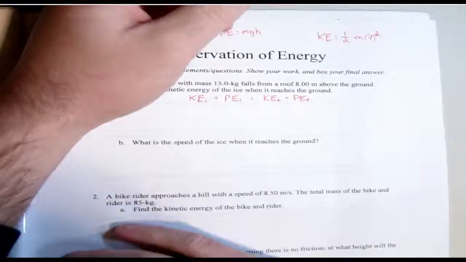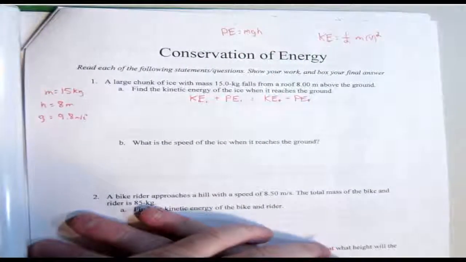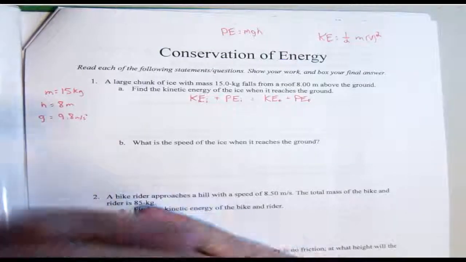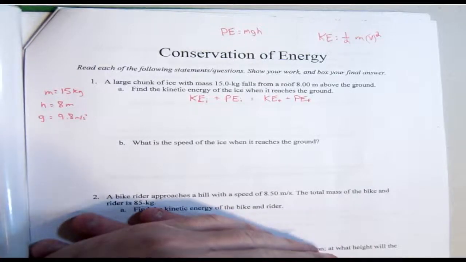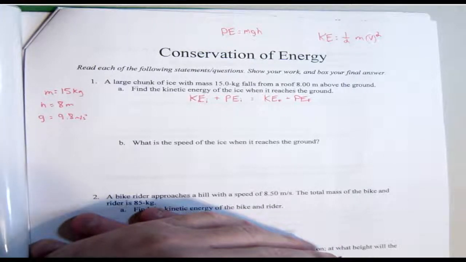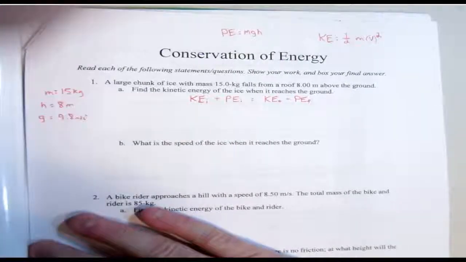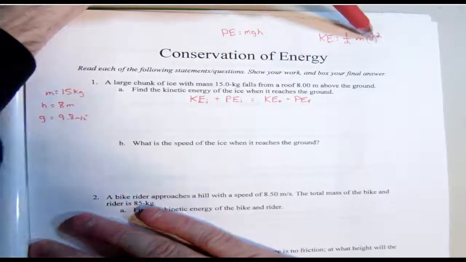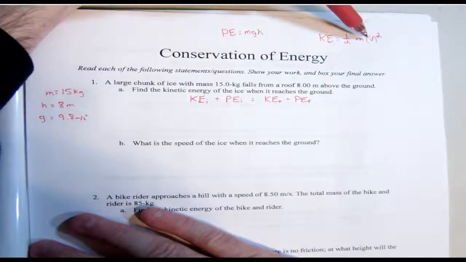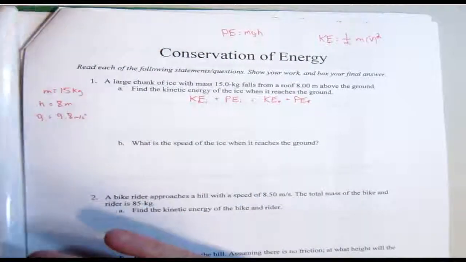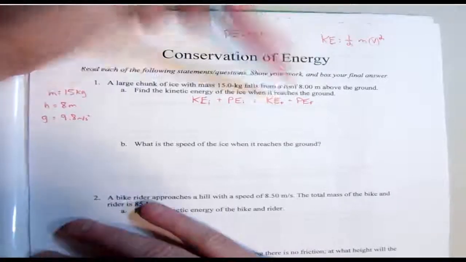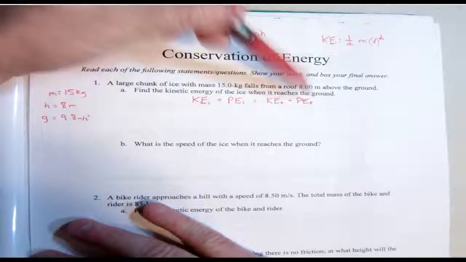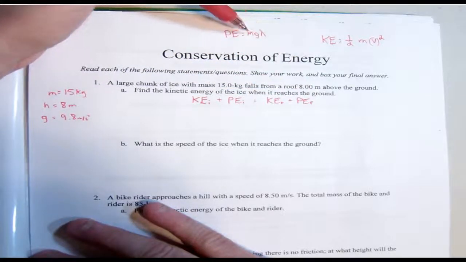So knowing this, we know that when you're holding an object up at a certain height, let's say you're standing on a roof and you're holding a softball or whatever, it has no initial kinetic energy because the velocity is 0, right? So if this is 0, everything else is 0. Also, when you drop that softball and it hits the ground and it's just sitting on the ground, it has 0 final potential energy because the height is 0 at that point, right? It still has a mass, still has a gravity, but the height is 0, everything's 0.